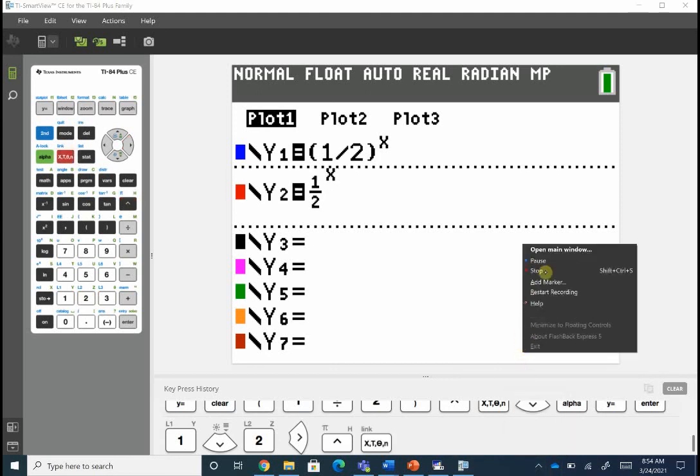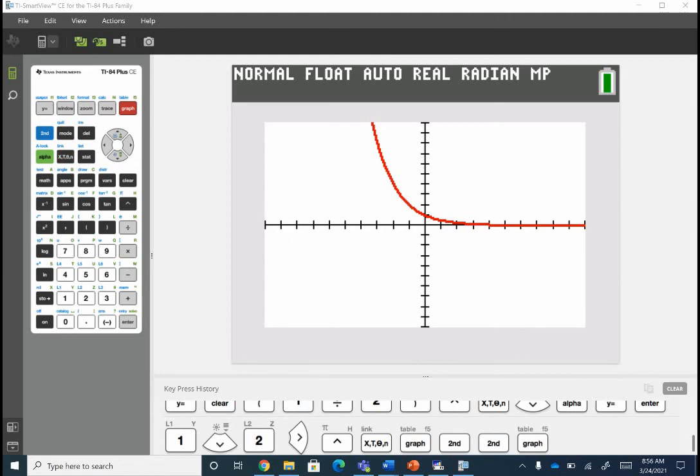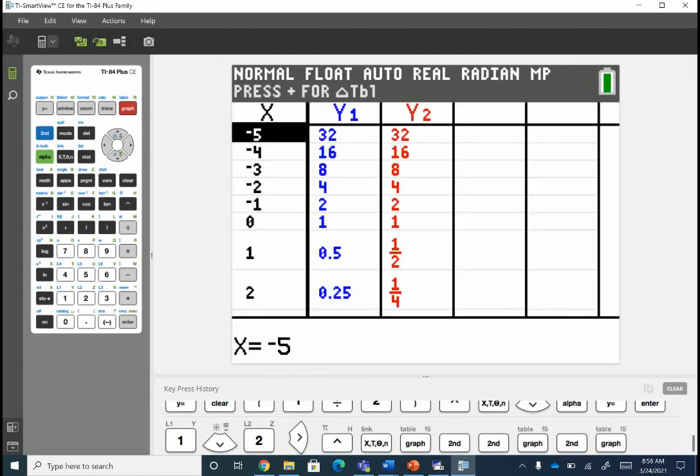So if we graph, we have same shape, opposite direction. Go second graph, get your table of values. Go ahead, fill them in on your sheet, and go ahead and sketch your graph.